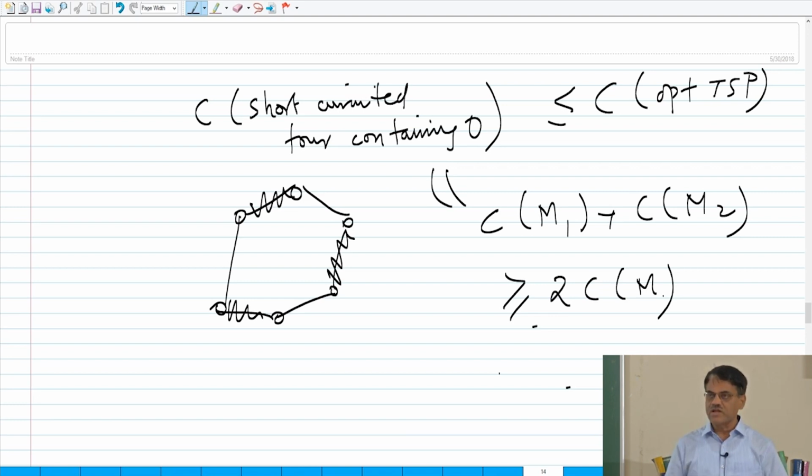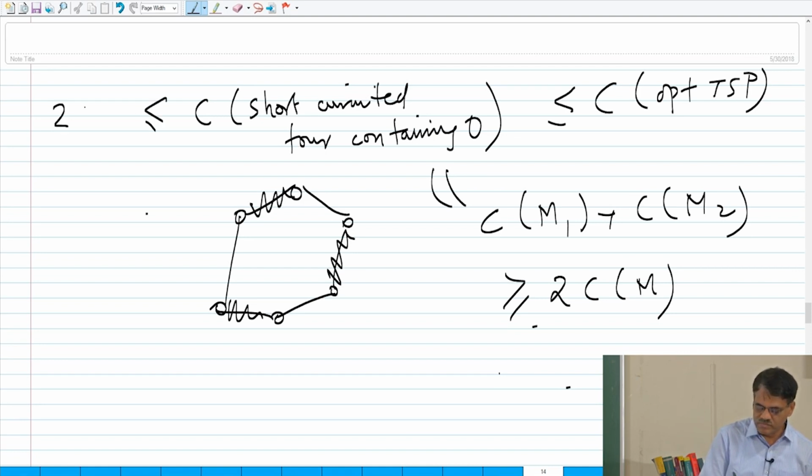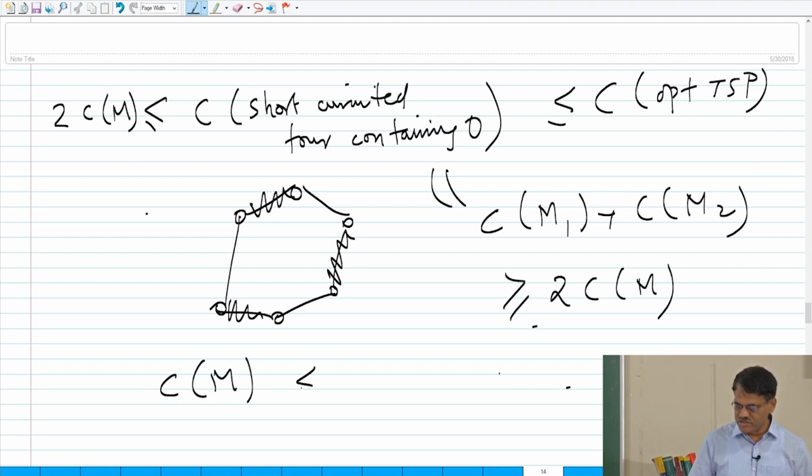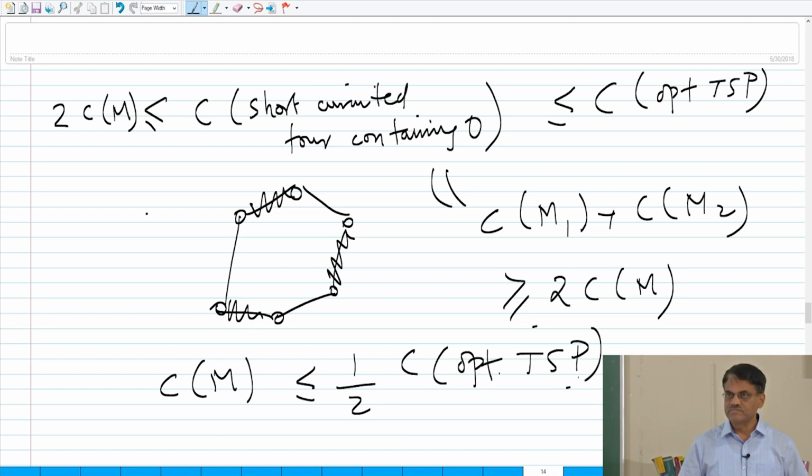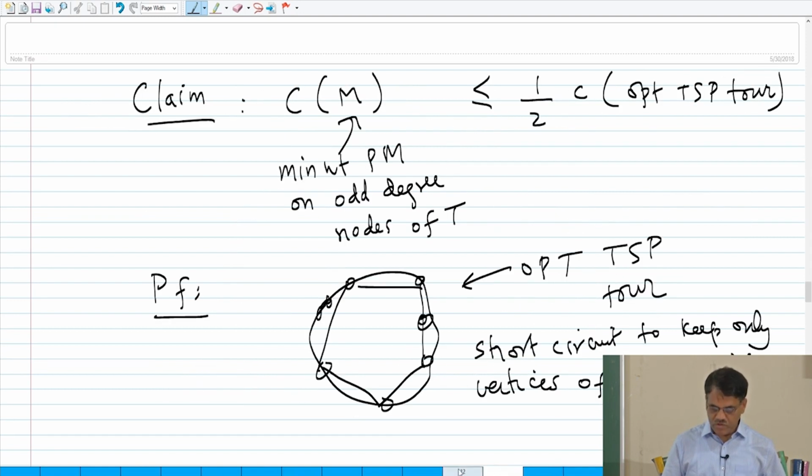So, this is greater than or equal to 2 times C of M. From here we have that the cost of the matching is at most half of the optimum tour. That is it. Isn't that what we wanted to show? Because I wanted to show that C of M is at most half of this.